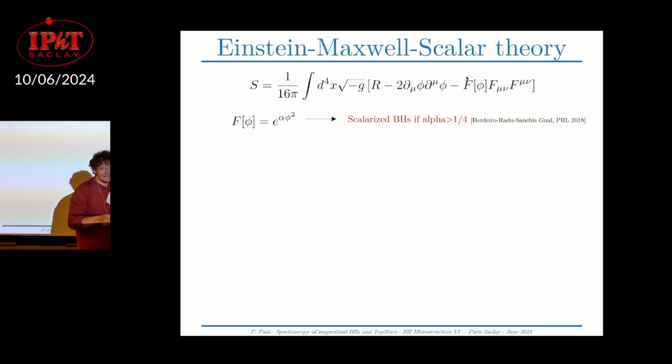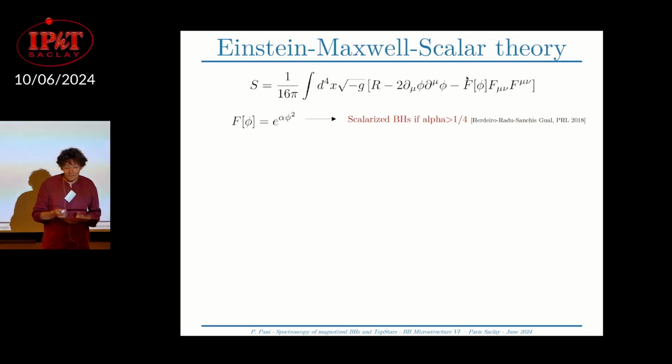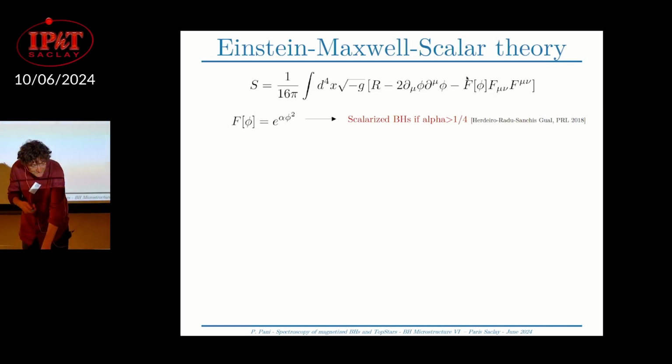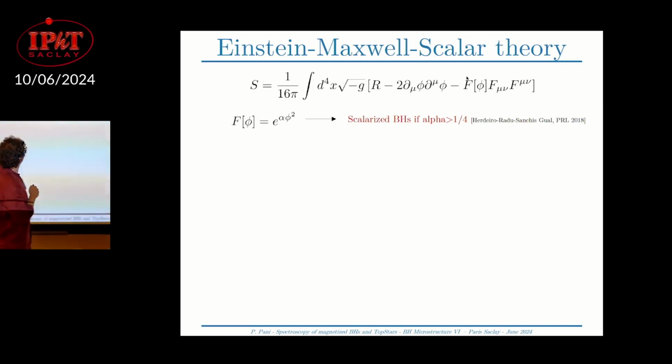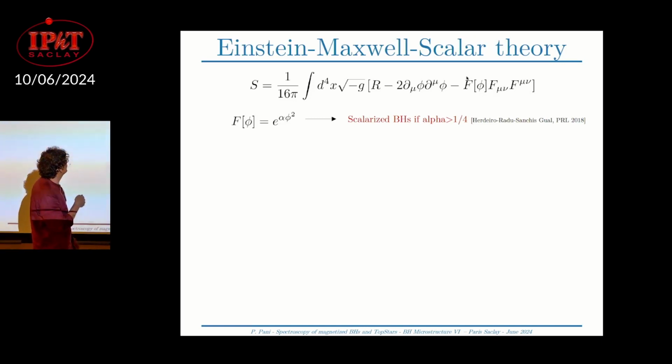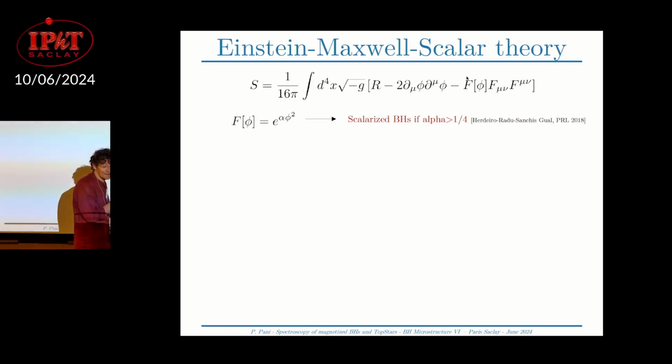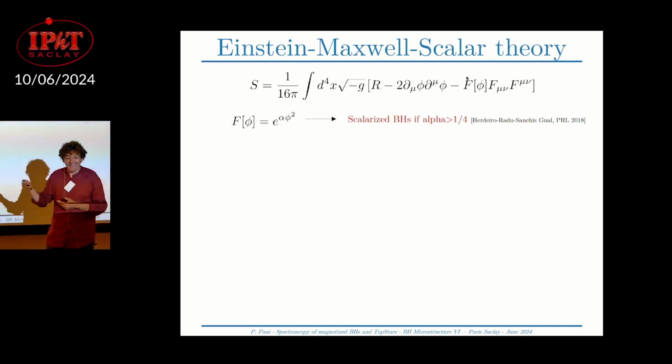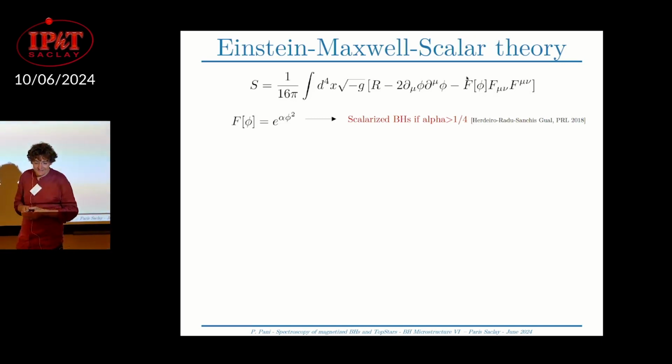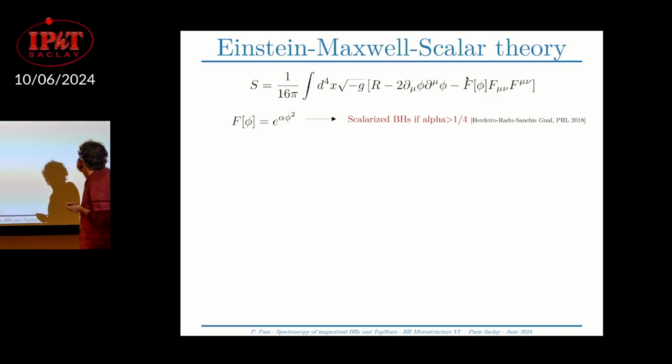If instead of taking the non-minimal coupling as coming from dimensional reduction, I'm just taking this function here. The reason is this function allows for scalarized black holes. So in this theory, both Reissner-Nordstrom black holes and hairy black holes with a dilaton scalar field exist if the coupling is bigger than this value here.